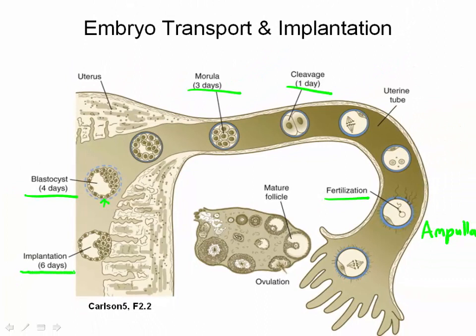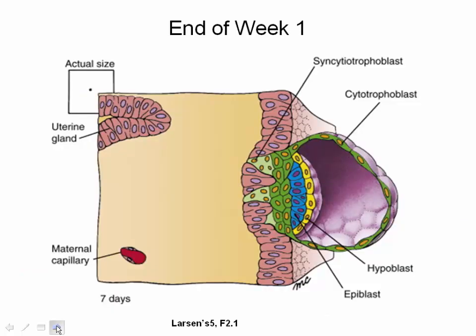Implantation occurs around day 6, with the embryonic pole of the blastocyst, or the area of the blastocyst with the inner cell mass, burrowing its way into the endometrium. By the end of week 1, implantation has begun. To facilitate this process, the cells of the trophoblast are beginning to differentiate into 2 layers.